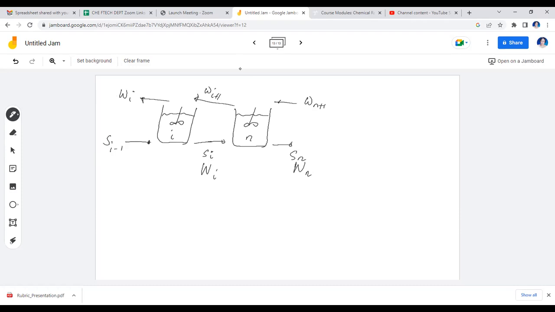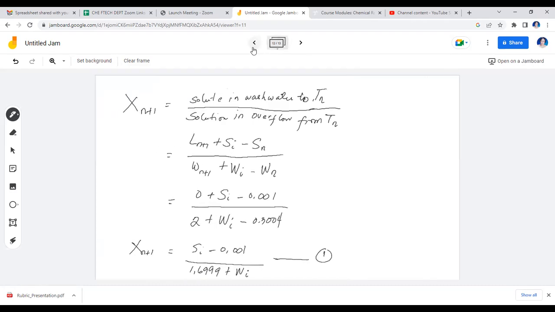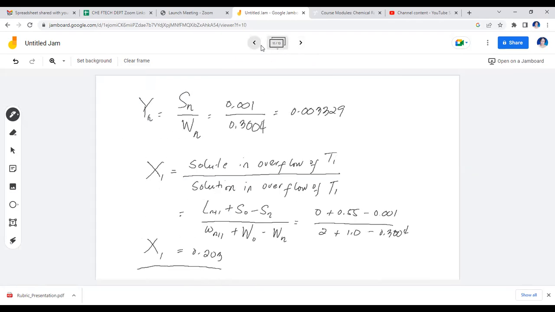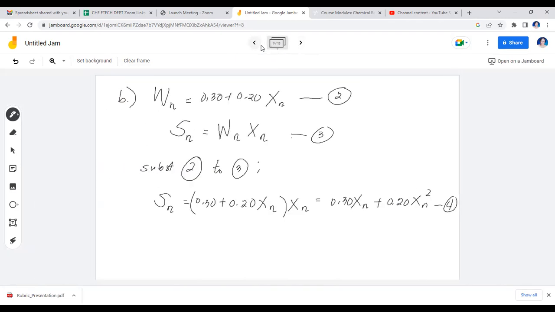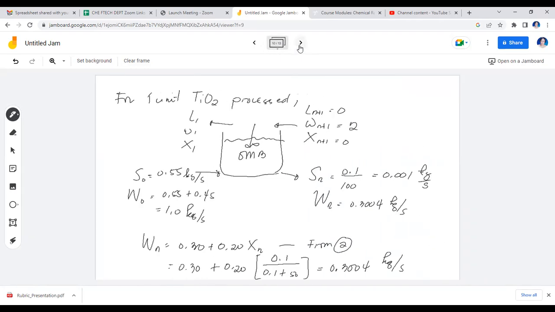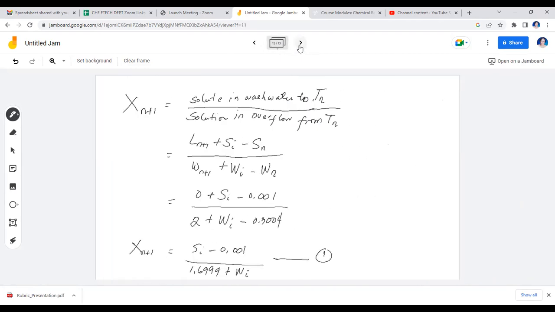Because I already have the x sub 1 equation in here. So if you're going to substitute, wait class. That would be now equation 4. This would be our equation 4.